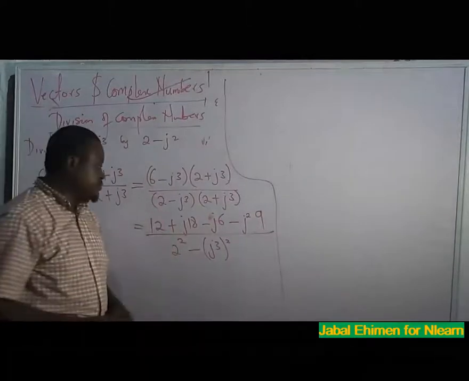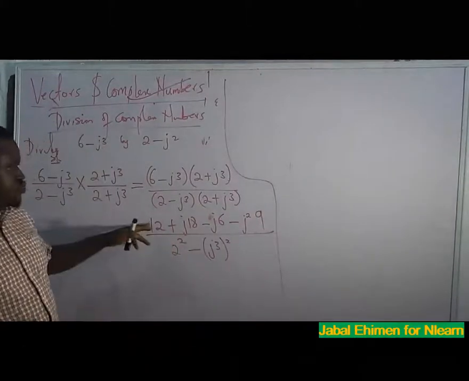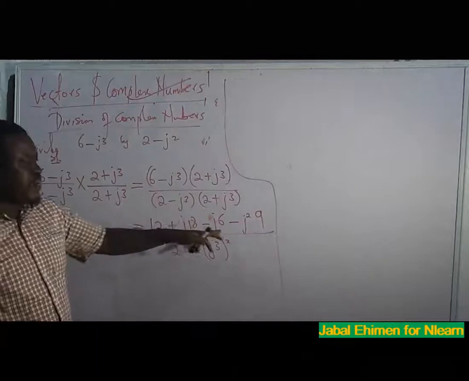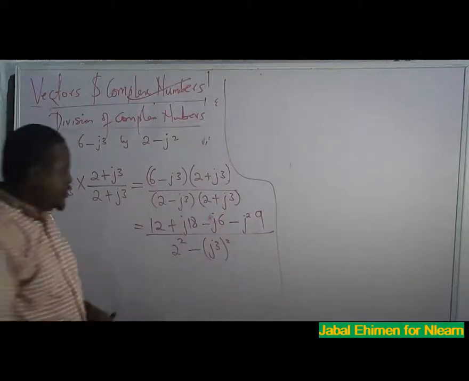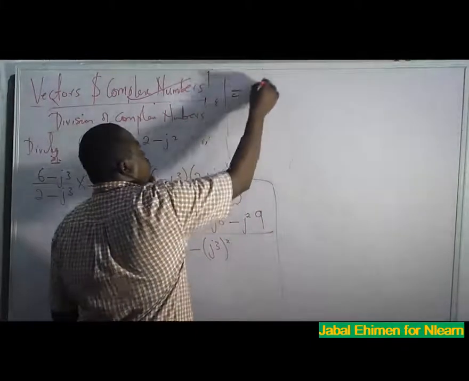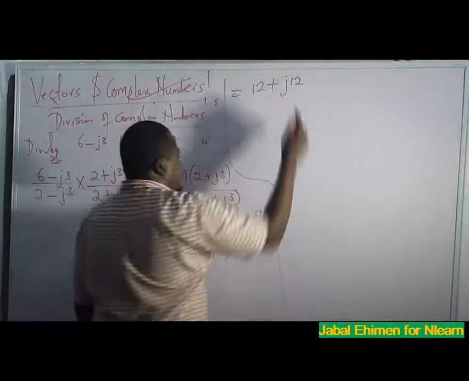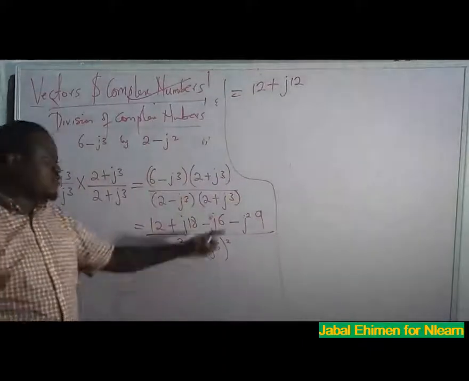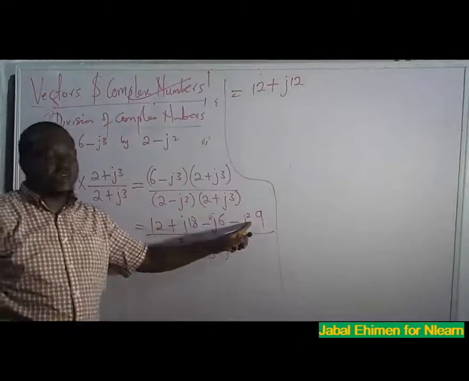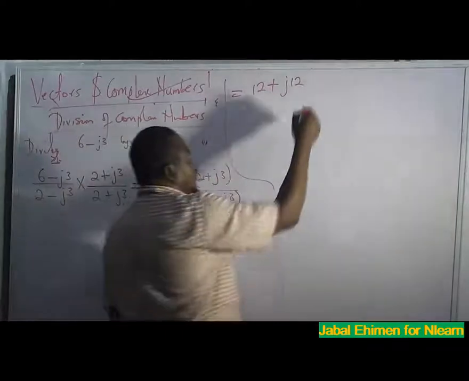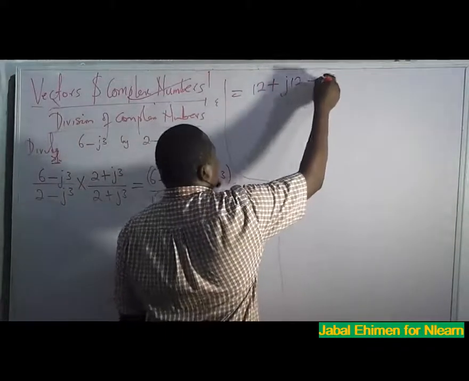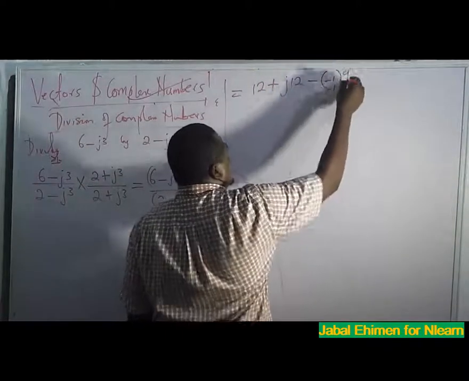So we are progressing. We have 12, and 18 minus 6 is 12, so I will have 12 plus j12. But j squared is minus 1, so minus j squared times 9 becomes plus 9.